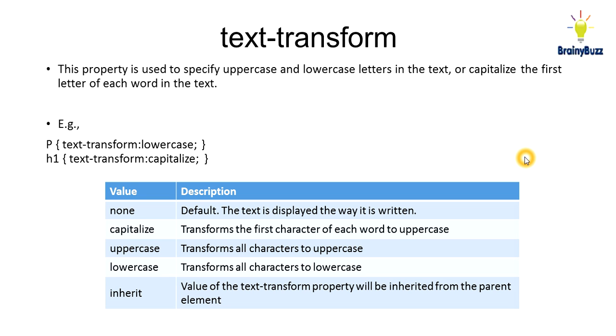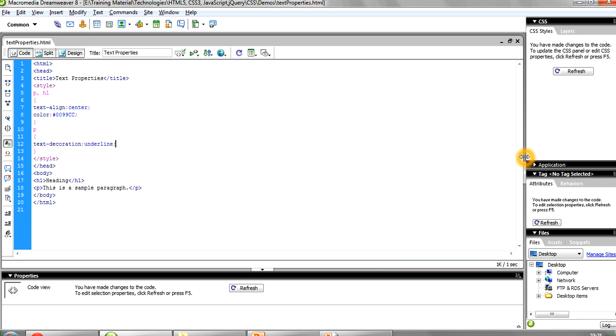After the text decoration, you have text transform. Sometimes you want all the letters in the text to be capitalized, lowercase or uppercase. So I'll write text transform and give the value as capitalize. You can see the original one has each and every letter as small letters, only the T at the start is a capital letter.